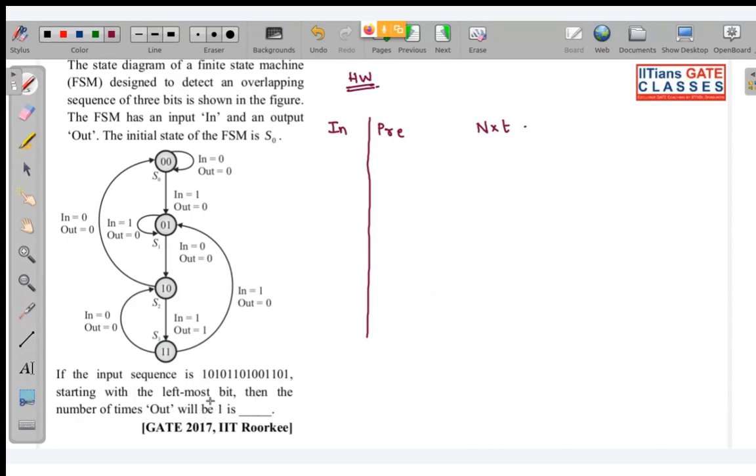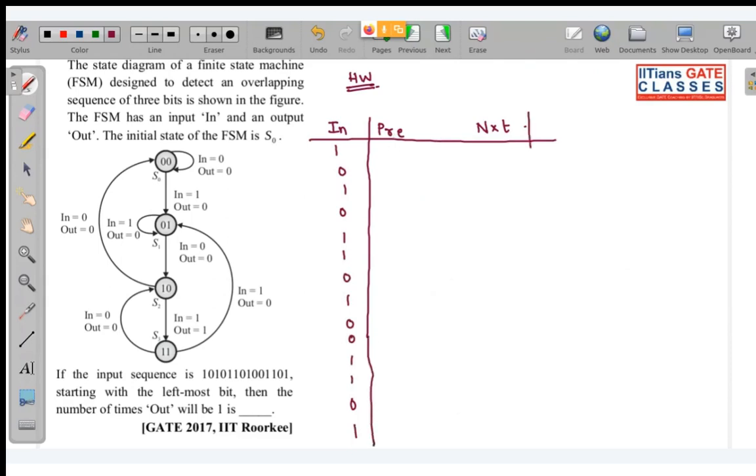So simple, just copy this input: 1 0 1 0 0 1 1 0 1 0 0 1 1 0 1. So this is your input.